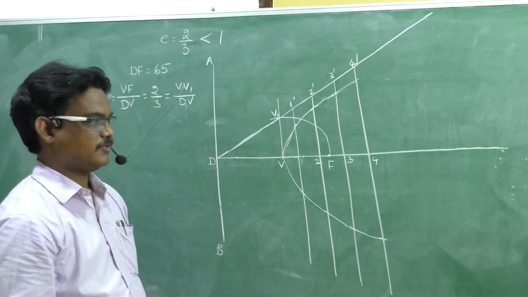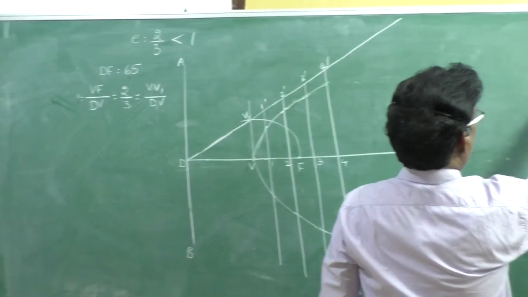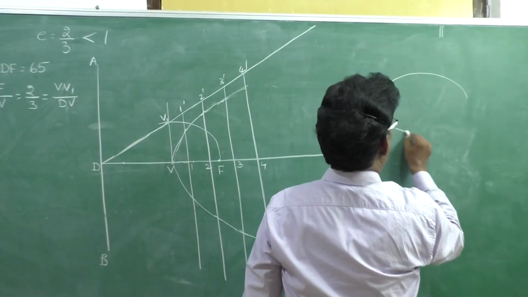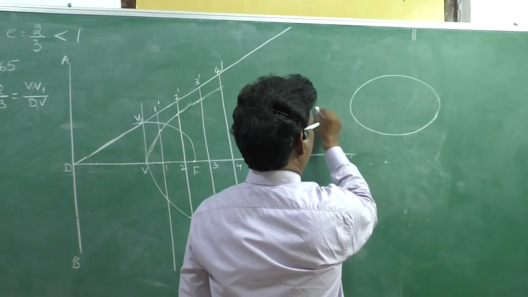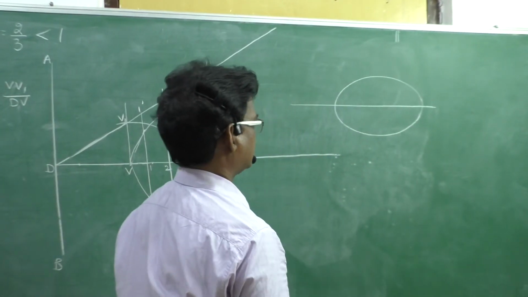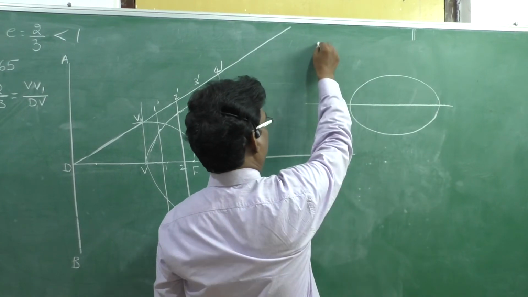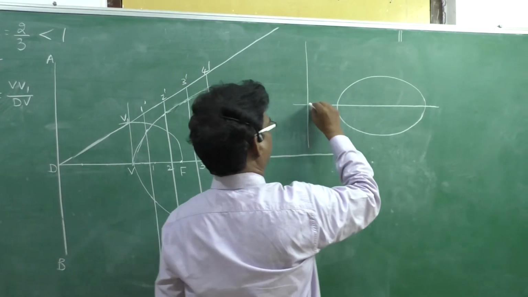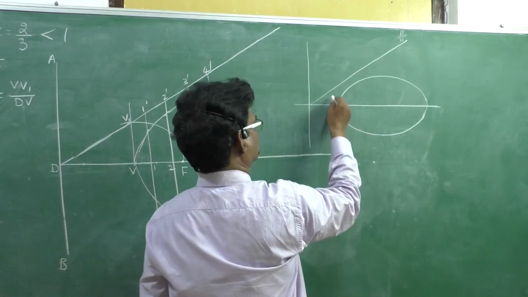For that I will show a small observation. Suppose this is the ellipse, and this is the major axis, and this is the directrix, and this is the proportionate line.